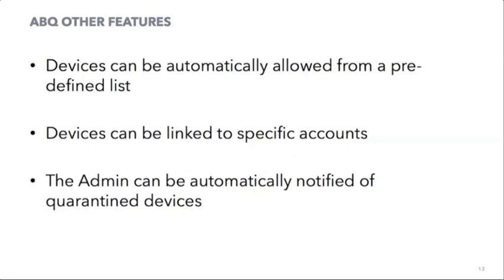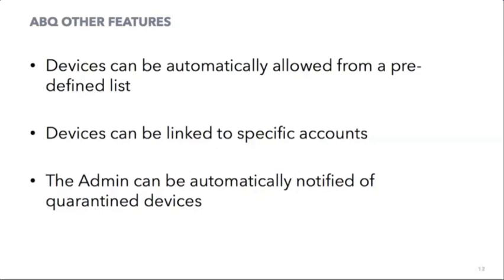So it wouldn't go through the quarantining process because you would have already allowed that device through. Whereas if you want even more fine-grained control, you can align a device to a specific account, and that means that only that device can connect to that specific mailbox. So again, giving you quite fine-grained control.